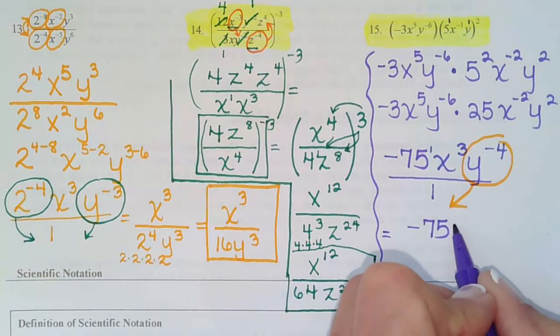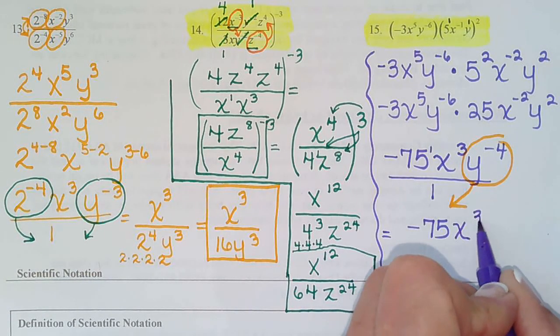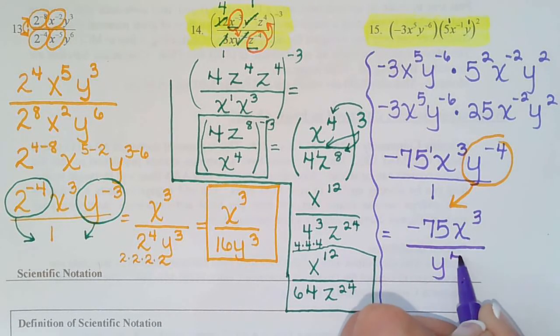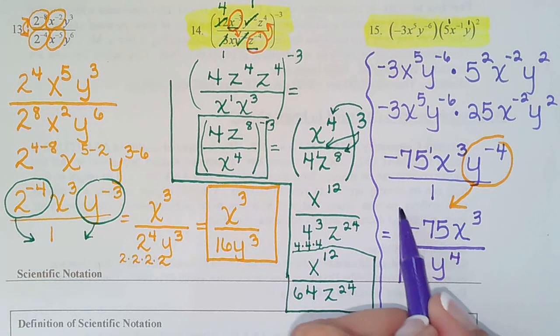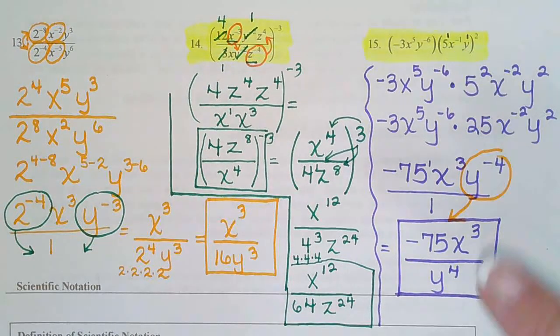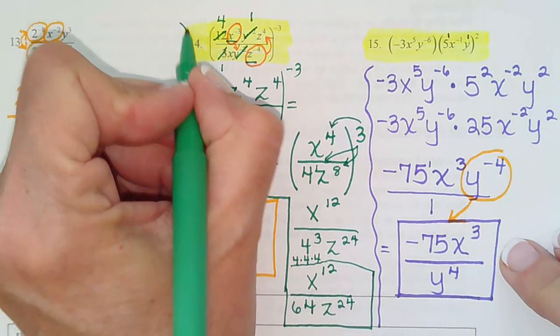This one doesn't have a negative exponent, so it stays put. And then this becomes y to the 4th. And there you have it. And that was one of the most missed problems on the test last semester. Might have been the most missed. So both of those really good ones to study for the test.